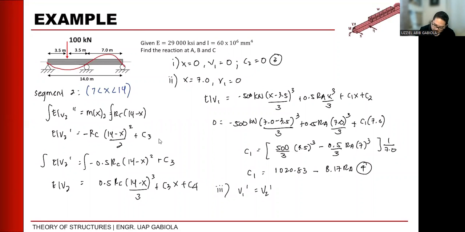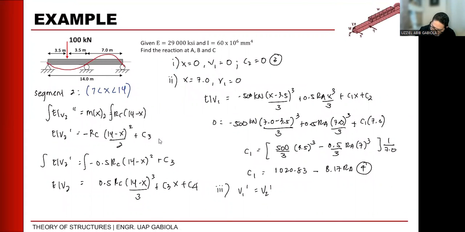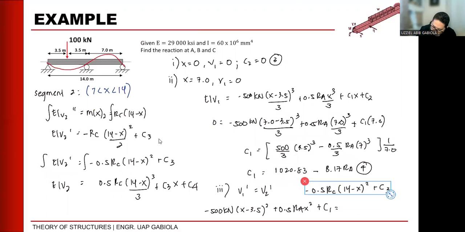Okay? So, kunin natin yung equation ng slope natin. So, ito yon. Ayan. Then, equals daw siya sa slope natin dito sa second segment natin. So, ito yung slope natin dito. Ito. Okay?